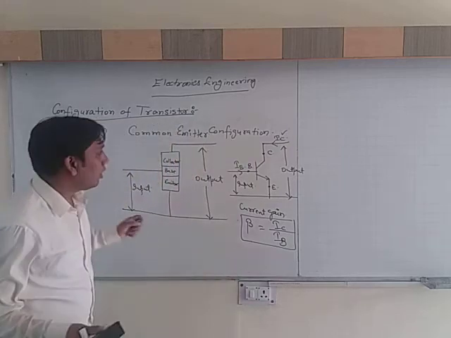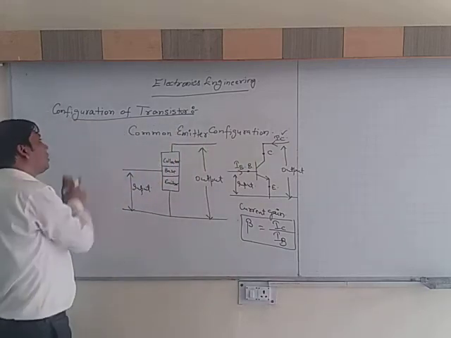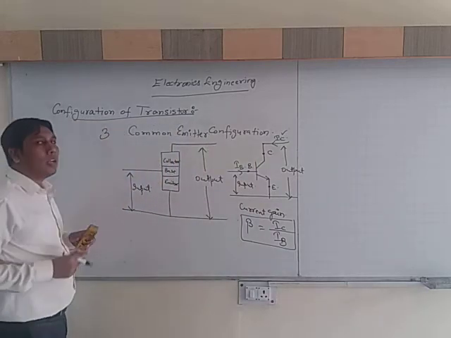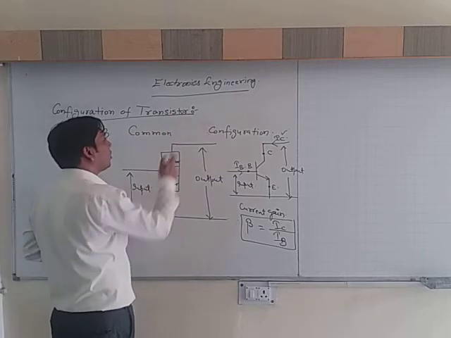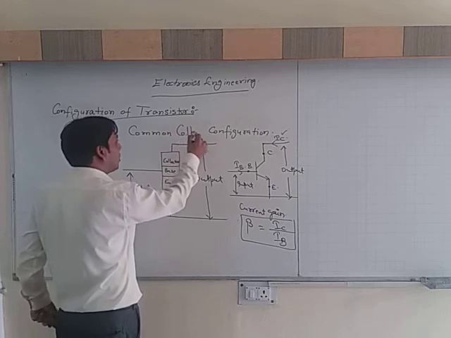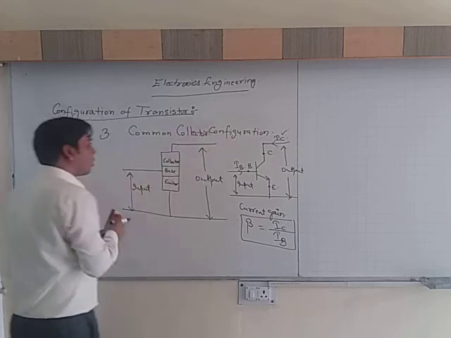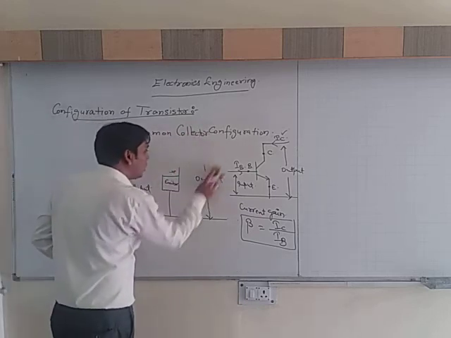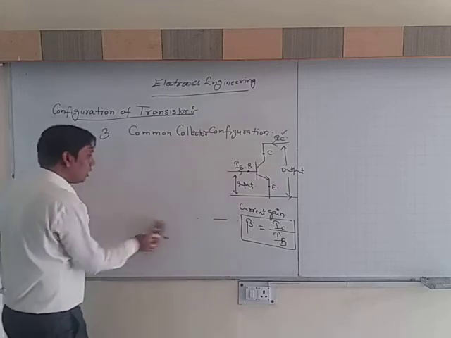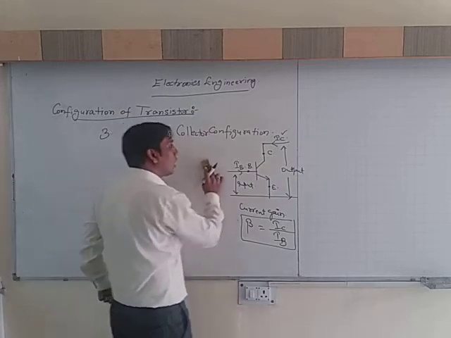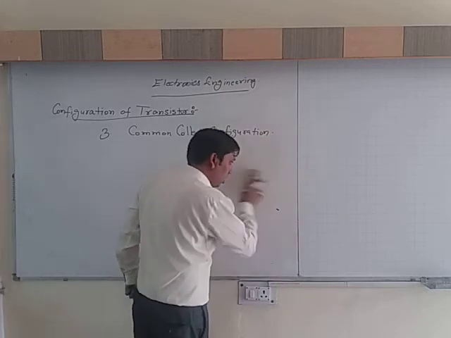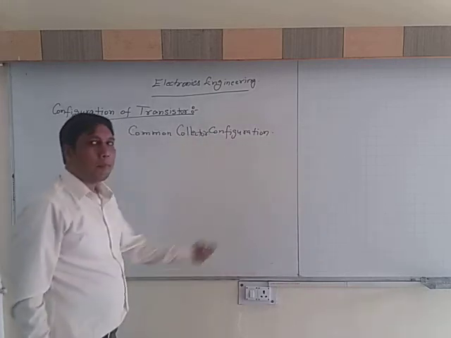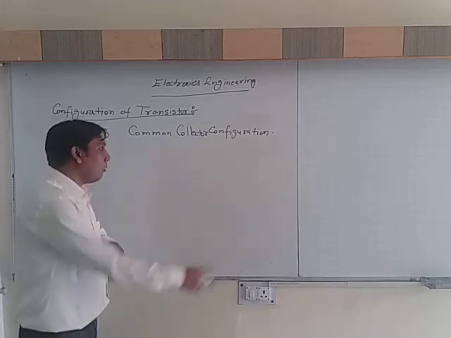The third and the last one, that is common collector configuration. Common collector configuration is that configuration in which the collector terminal of the transistor is common between base and emitter.